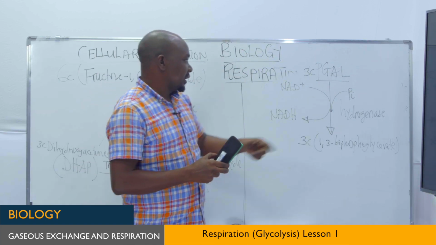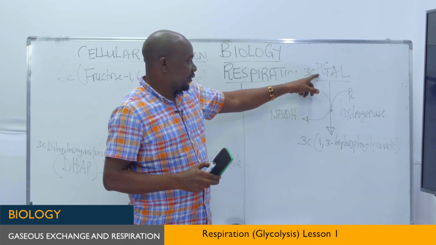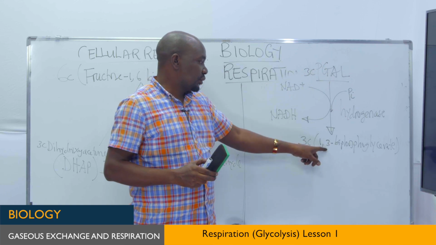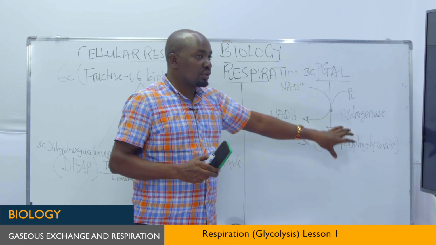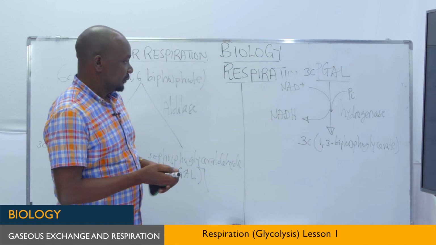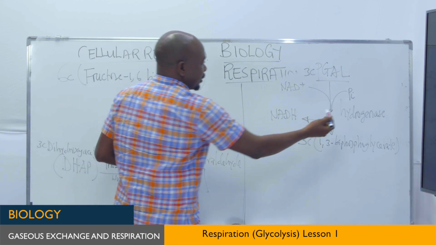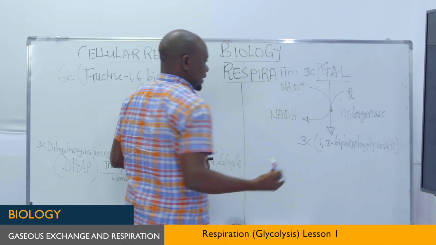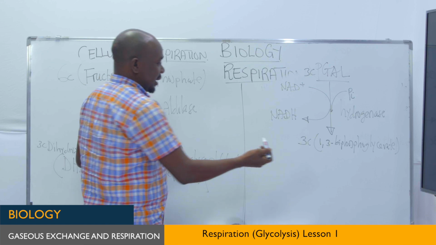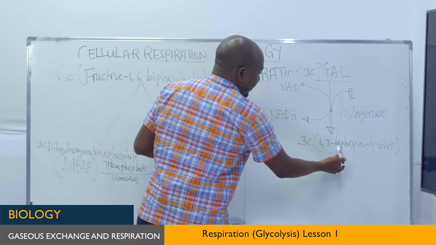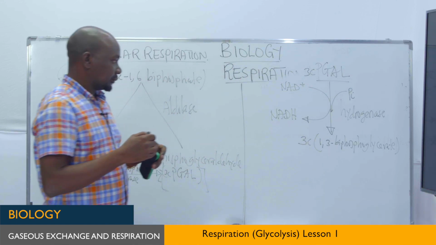So this has changed from the aldehyde, phosphoglyceraldehyde, into the phosphoglycerate, from aldehyde into acid. And there is the addition of an inorganic phosphate. That's why here we have 1,3 bisphosphoglycerate.